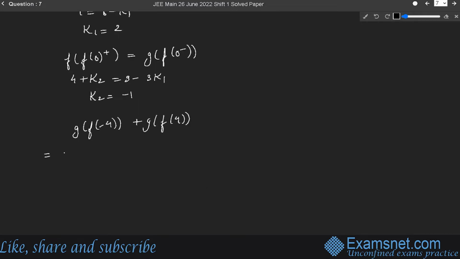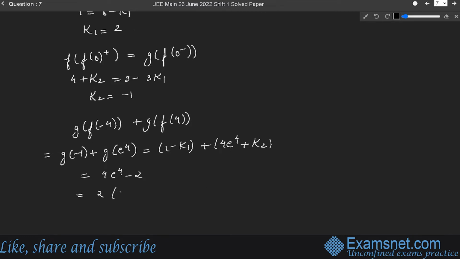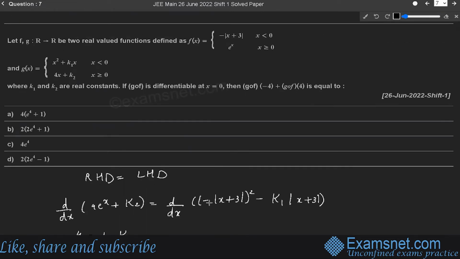This will be equal to g of minus 1 plus g of e power 4, which is 1 minus k1 plus 4 into e power 4 plus k2. So this will be equal to 4 into e power 4 minus 2. Taking 2 common, it is 2 into e power 4 minus 1. Hence this is the required answer, and the correct option is option D.